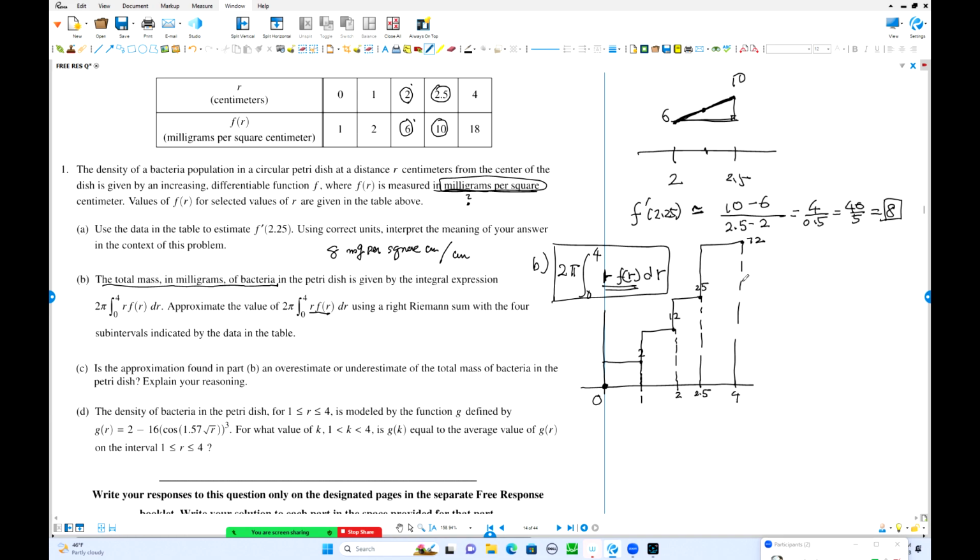This is an overestimation, because the graph is increasing, so the right Riemann sum overestimates. All right, now let's find the approximate value, which is the sum of this area.